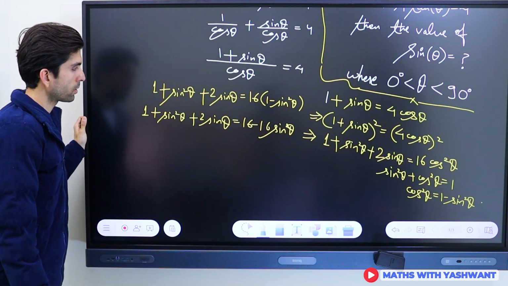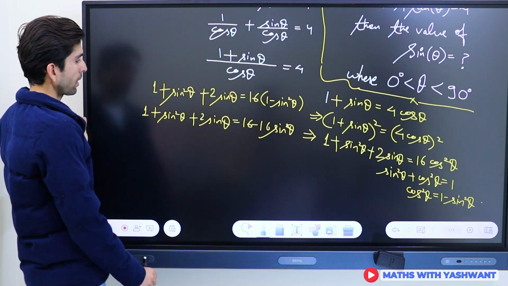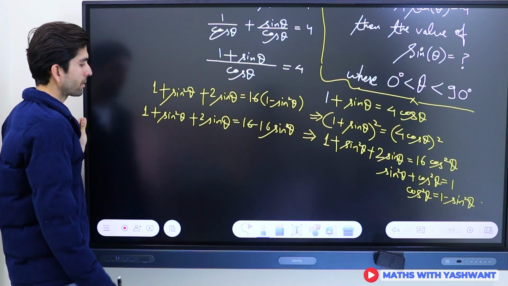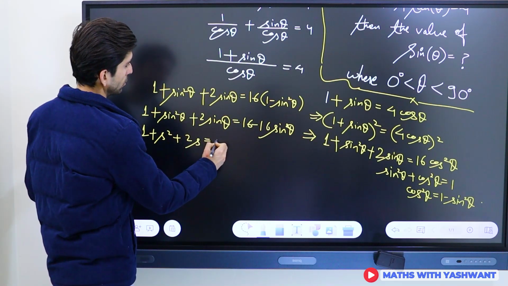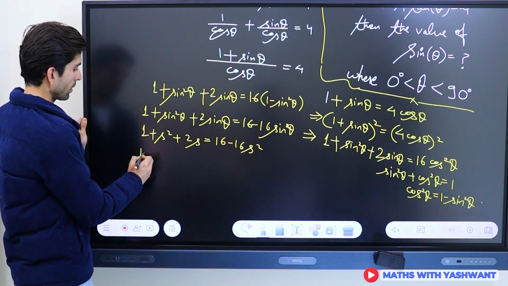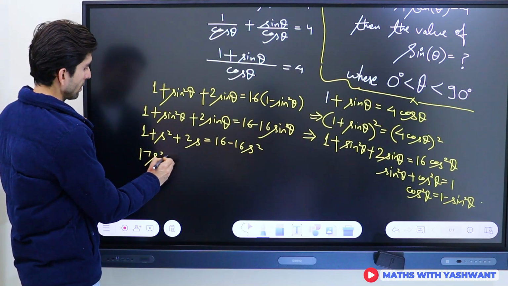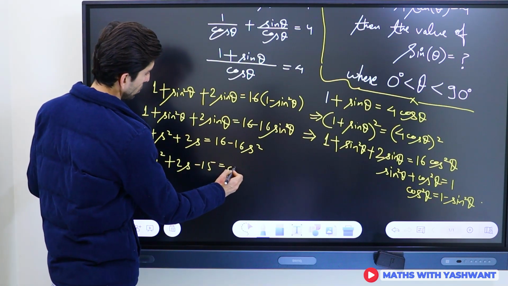Now for the ease of solving, we can replace sin theta by s. So we have 1 plus s square plus 2s is equal to 16 minus 16 s square. Then we have 17 s square plus 2s minus 15 is equal to 0.